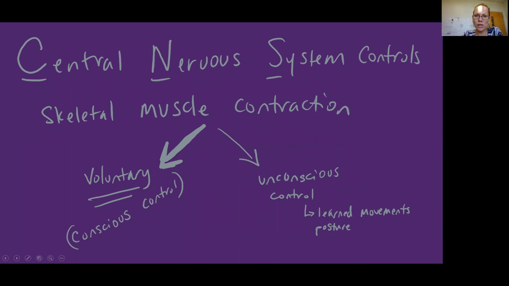Some background information first. Our central nervous system, which we often abbreviate as CNS, controls skeletal muscle contraction. Most of the time, skeletal muscle contraction is under voluntary control, so that means conscious control. That means we're thinking about the types of movements we want to do, and then we produce those movements. I'm thinking about what words I want to say, and so I'm saying those words or my hand gestures and so forth.